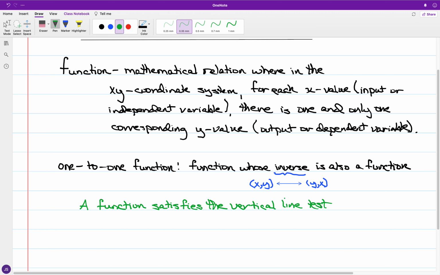So in general, functions will satisfy the vertical line test. But what is going to make a one-to-one function distinctive from other functions is that a one-to-one function is going to satisfy both vertical and horizontal line tests.